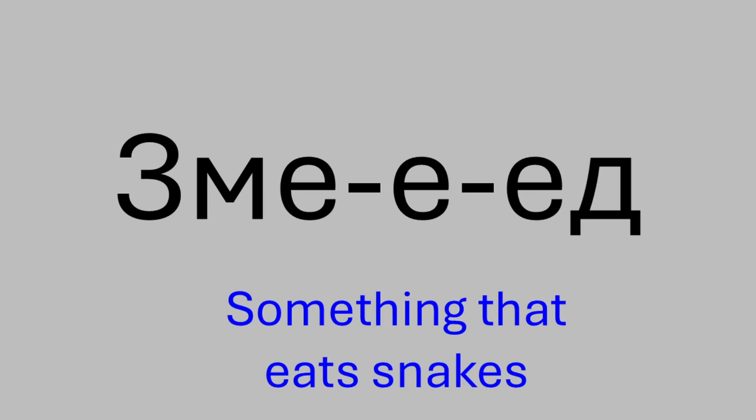We can even go a step further. Within the word Zmeyeyed, there are three vowels right next to each other. That word Zmeyeyed means something that eats snakes. So, it usually refers to an animal, but can also refer to humans. Well, that's one case, a legitimate word, three vowels right after another.